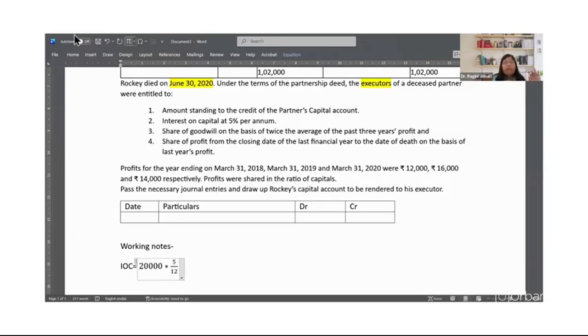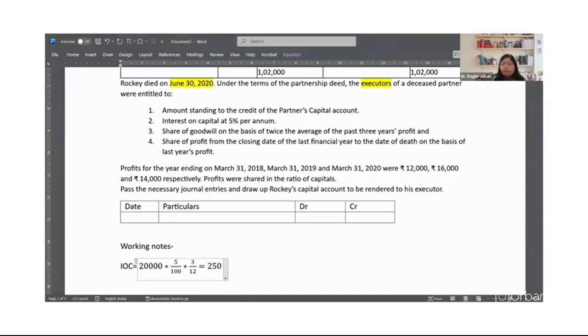And one more thing: Rocky has died on June 30, so this interest on capital will be calculated for April, May, and June, that is 3 months only. So this would be 3 upon 12. How much amount do we get here? The entire calculation comes to 250.